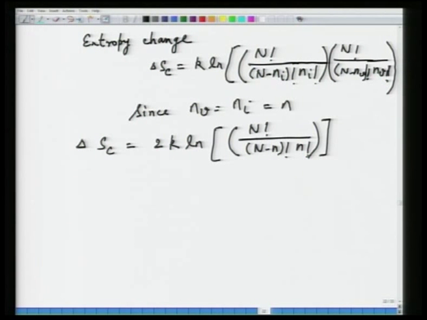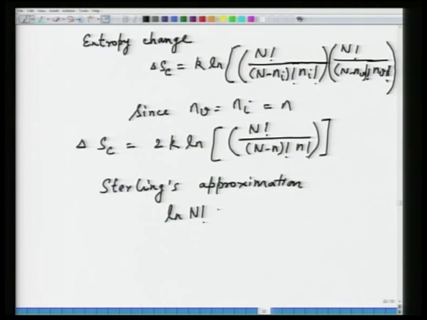Okay. Now, to solve this log of factorials, you need to use Stirling's approximation. Stirling's approximation is nothing but, if you have ln n factorial, then this would be n ln n minus n.